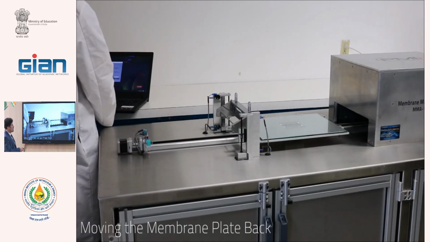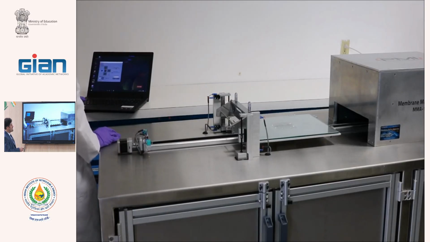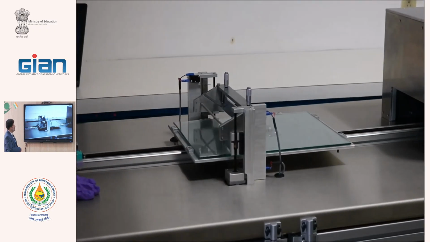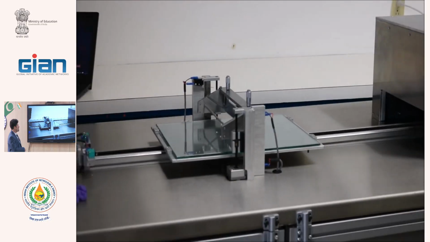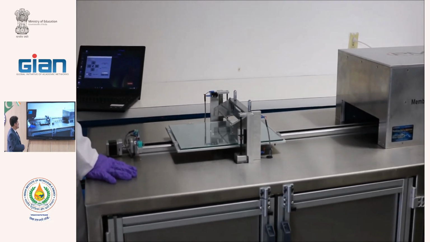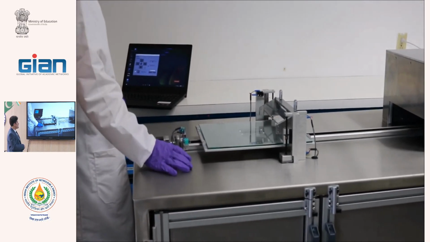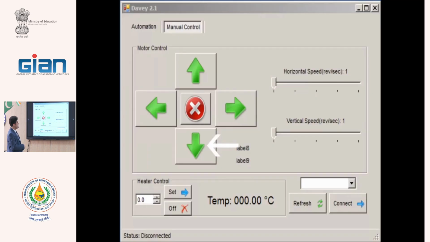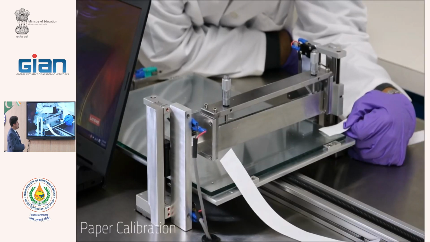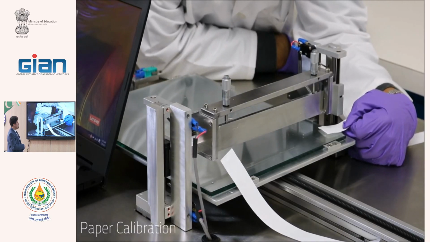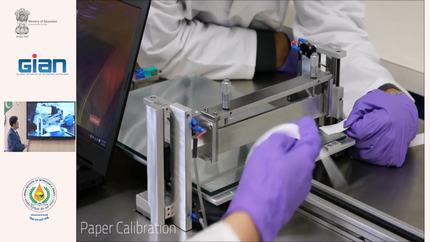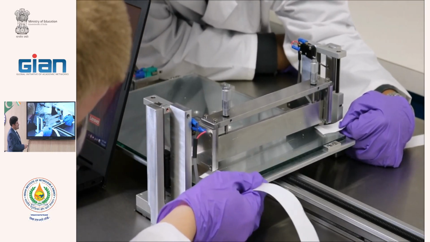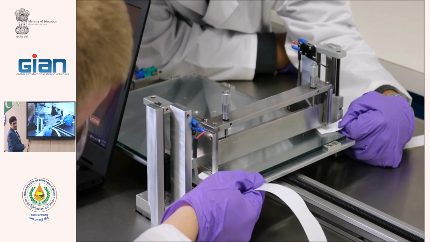This is the applicator which can change the thickness. You see the thickness is controlled with a digital system, not with hand.